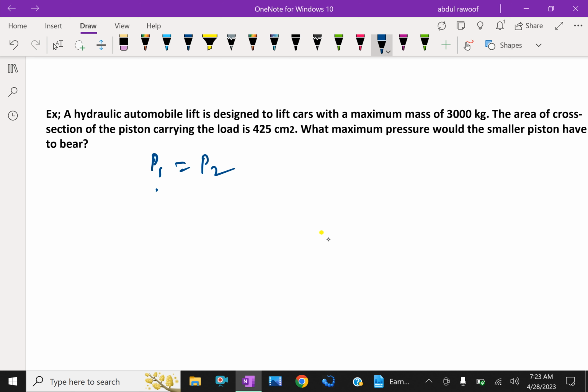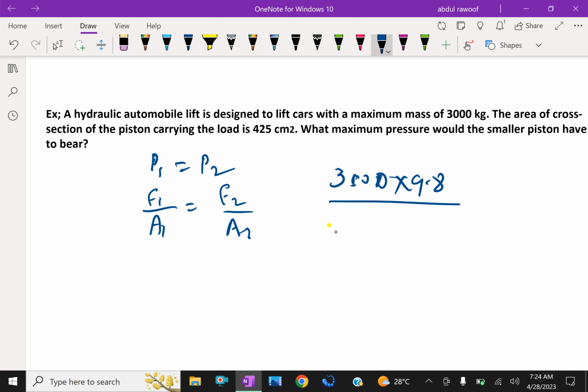Therefore, P1 is force F1 by area A1, which is F2 by A2. Here, F1 is the load, 3000 kg, into 9.8, over A1.